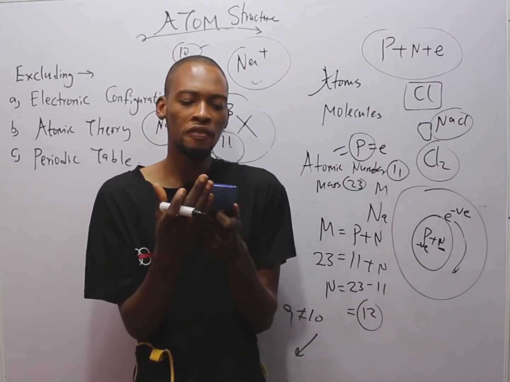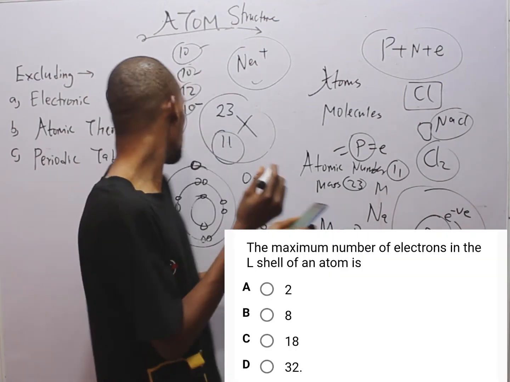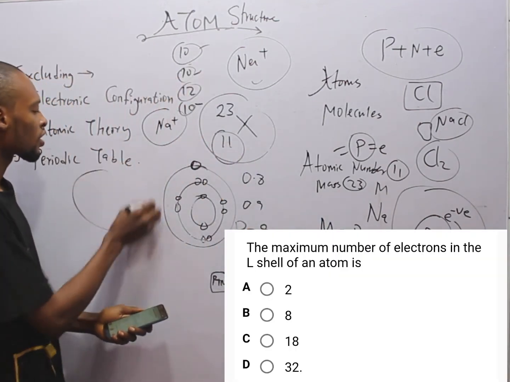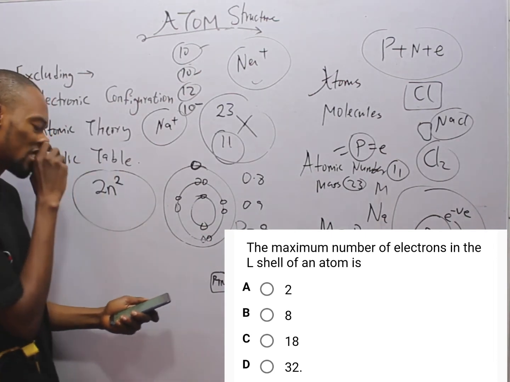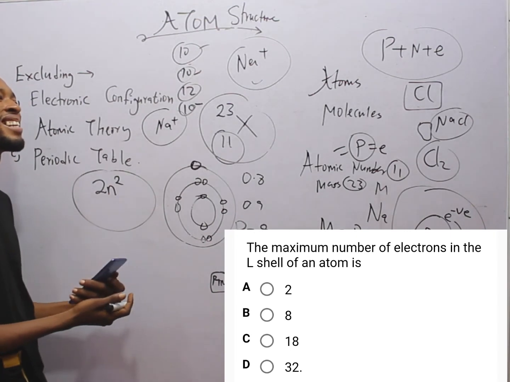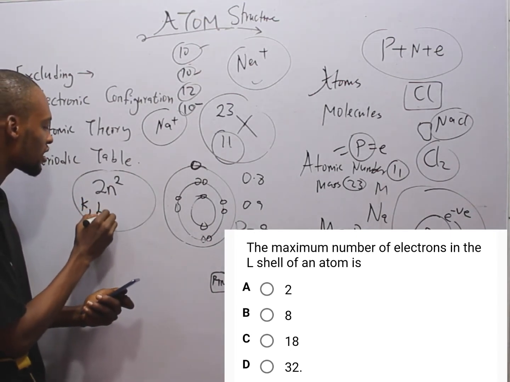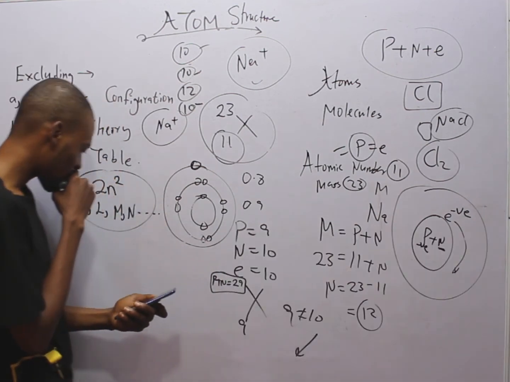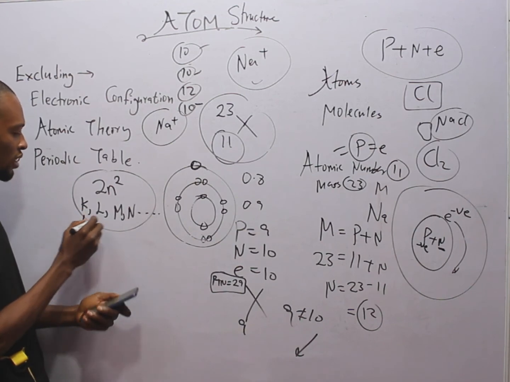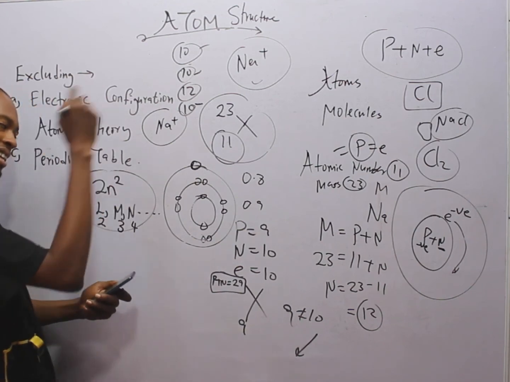The maximum number of electrons in the L shell of an atom is dash. So in an atom, this is the formula. The maximum number of electrons is 2n squared. And shells start from K. So we have K shell, L shell, M shell, N shell, and so on. For K shell, n is 1. Here, n is 2, n is 3, and n is 4, and so on.